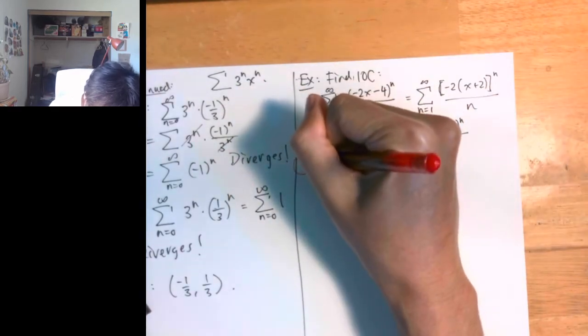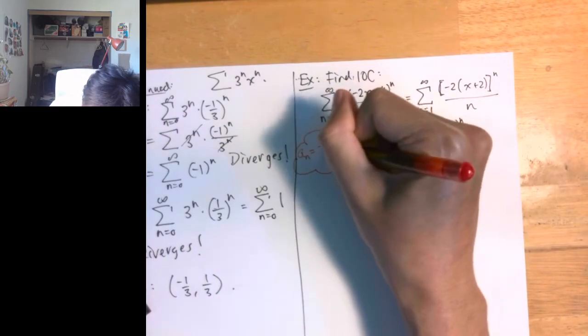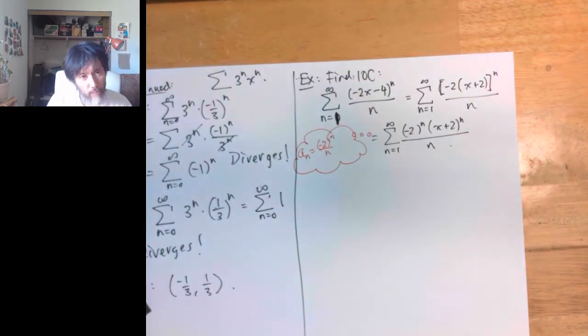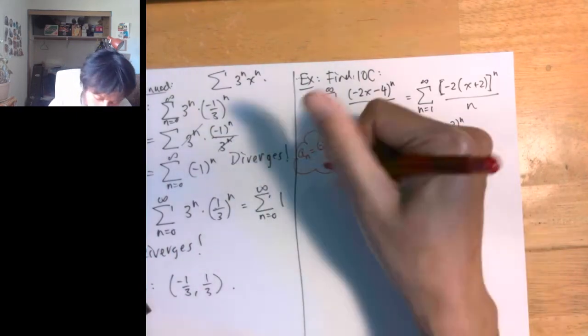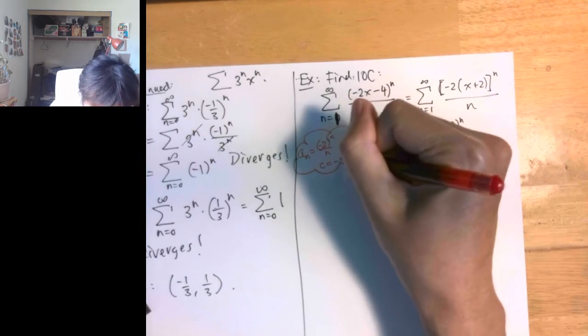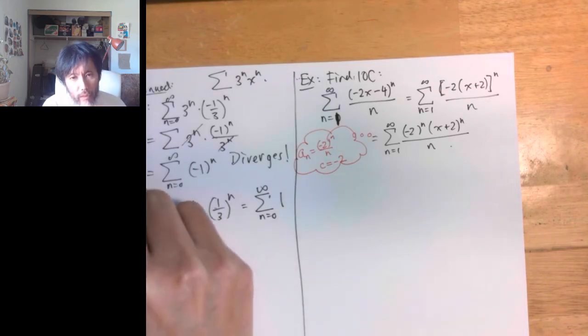So a sub n is equal to all this garbage right here. It's -2 to the nth power over n. And what's playing the role of c here? Well, it's -2. Don't forget about the value of c there. Okay?